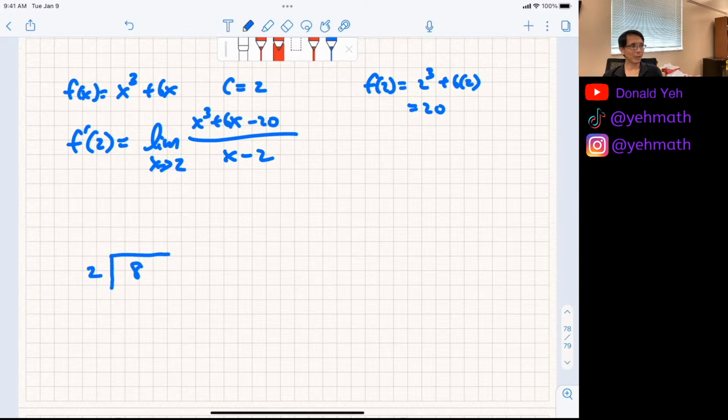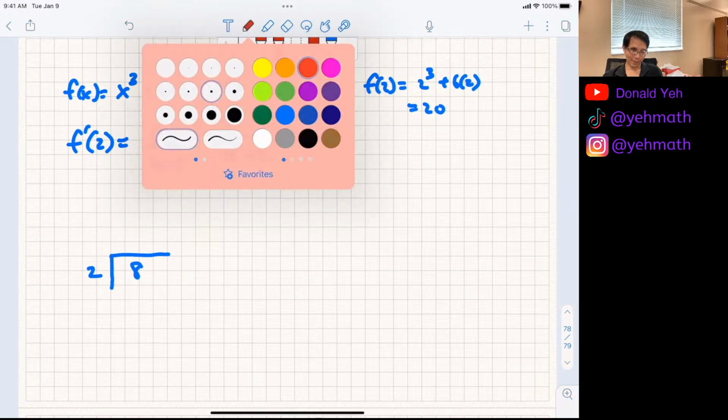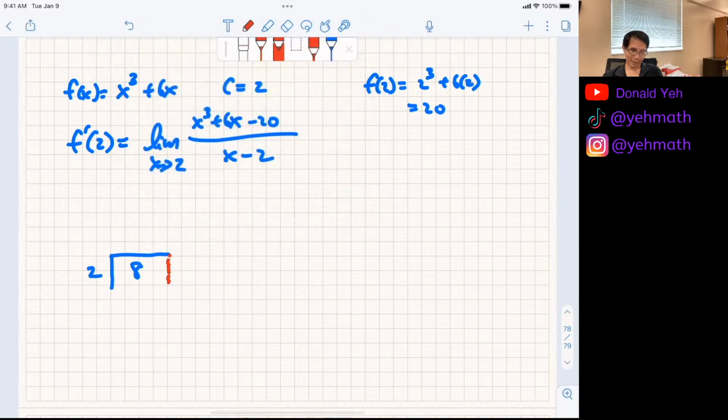Maybe like an area thing, like side by side. You're right, it's area. Do you see it? What do you see?